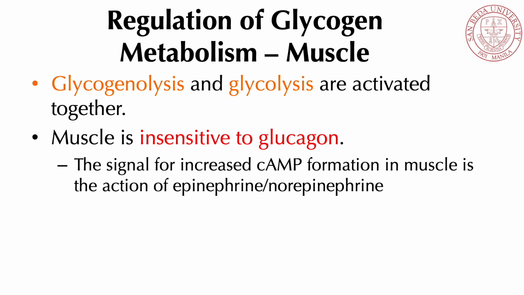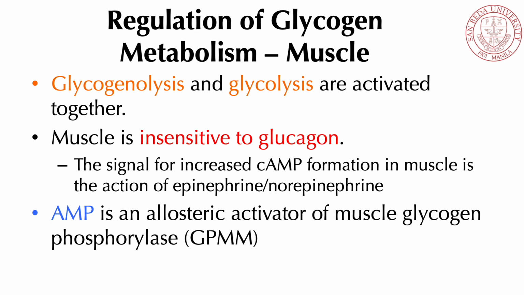From basic physiology, we already know that these catecholamines are secreted as part of the fight or flight response. Now, adenosine monophosphate or AMP is an allosteric activator of muscle glycogen phosphorylase. Recall from bioenergetics that ADP, or adenosine diphosphate, produced from the cleavage of ATP, or adenosine triphosphate, still has a high energy phosphate bond left.